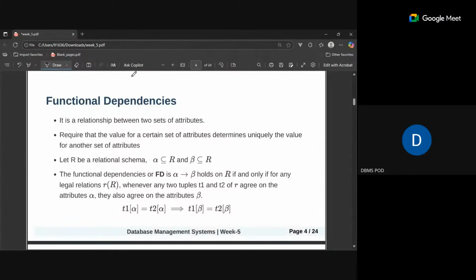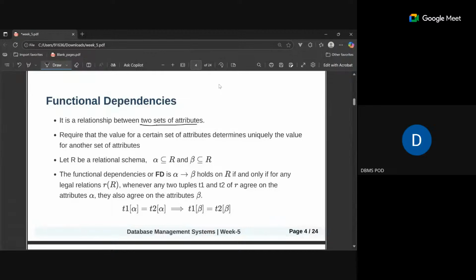Okay. So functional dependency. What is meant by functional dependency is a relationship between two sets of attributes. It's not two attributes, it's two sets of attributes. So what is meant by attributes? Can anyone say? Two columns, like column names.